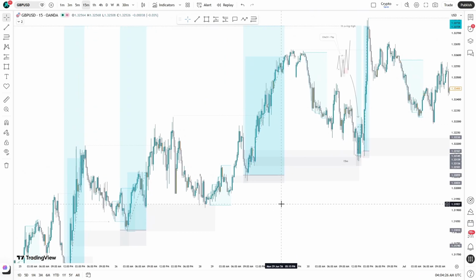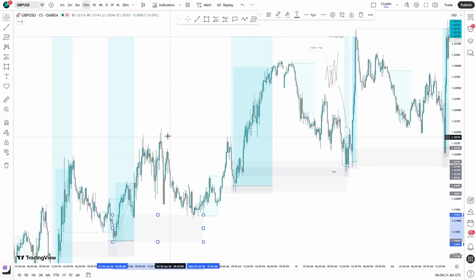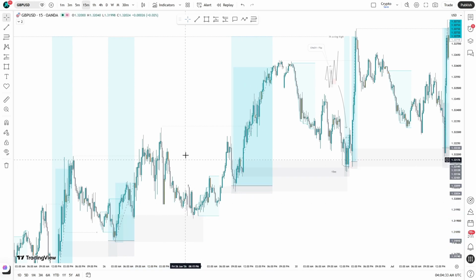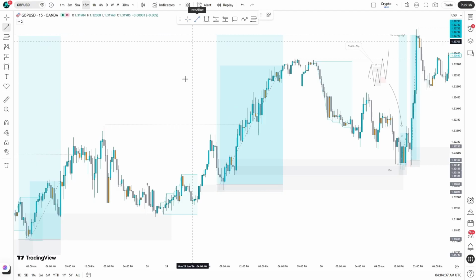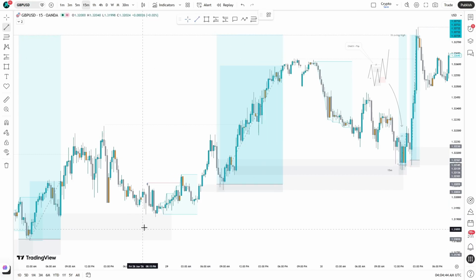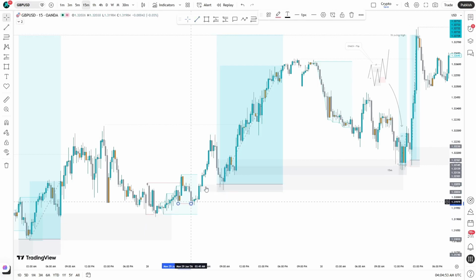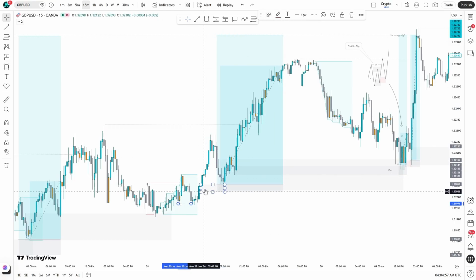So like I mentioned earlier, we broke this high and came into this 1 hour demand, and we had a change of character on the lower time frame. Market came down above this low and broke this high.